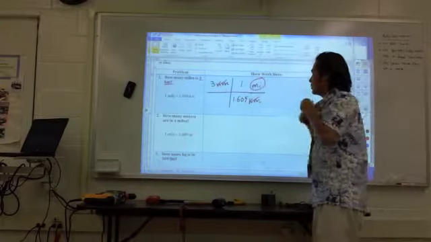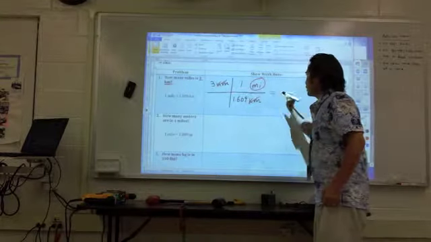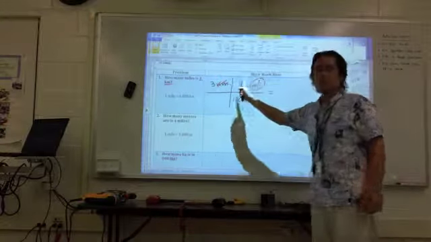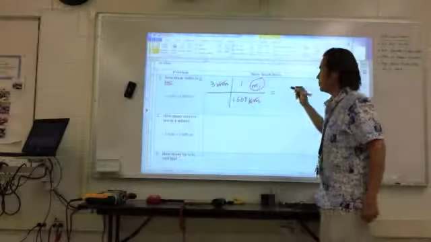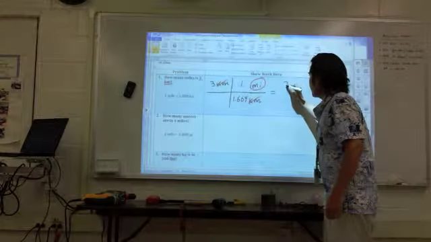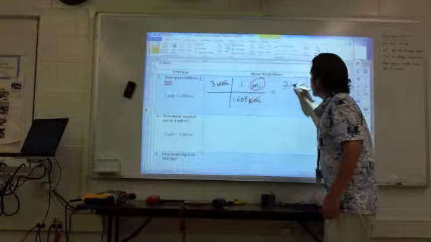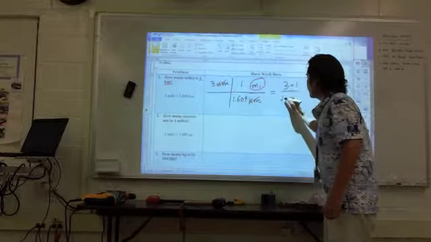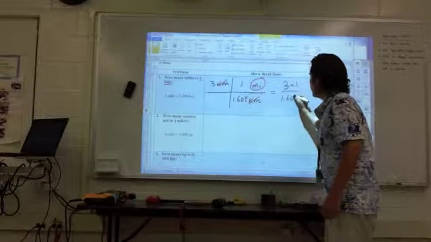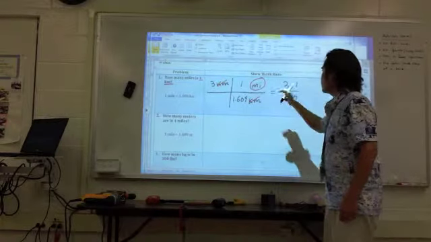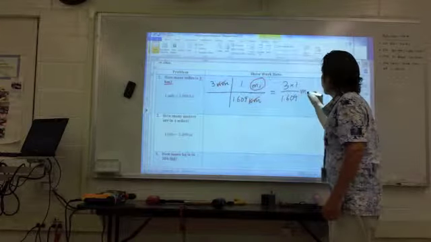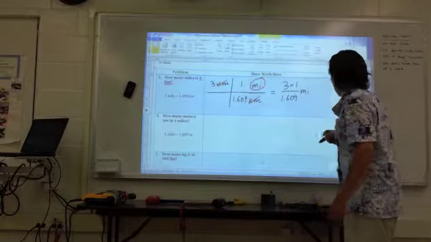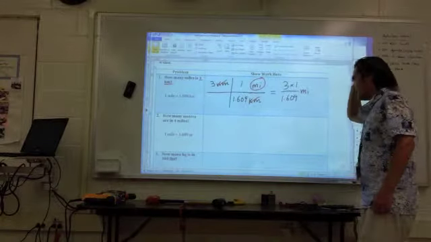And then we say this is equal to, now gather all the numerical factors. On the top you have 3 times 1. On the bottom you have just 1.609. And what's the unit? It's the mile. Now we have to simplify.